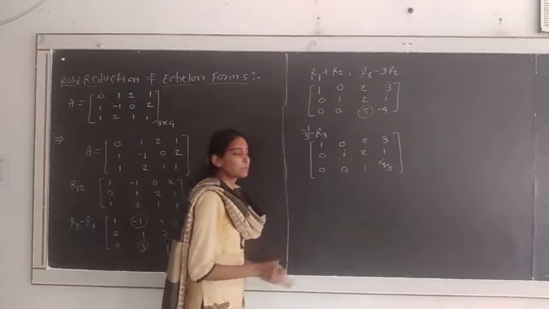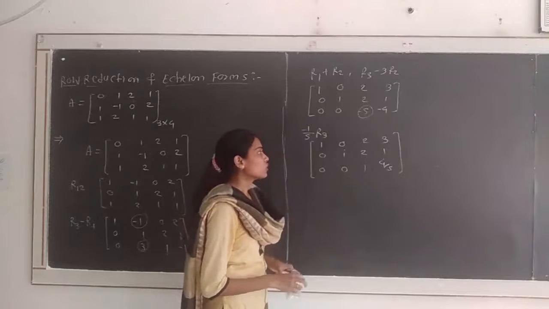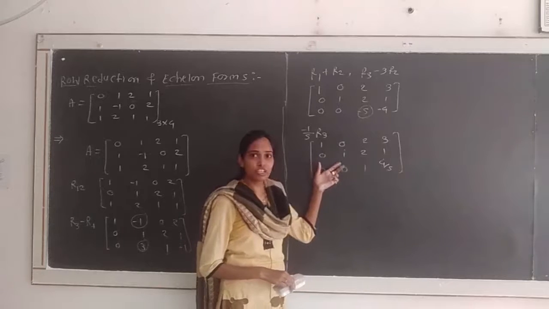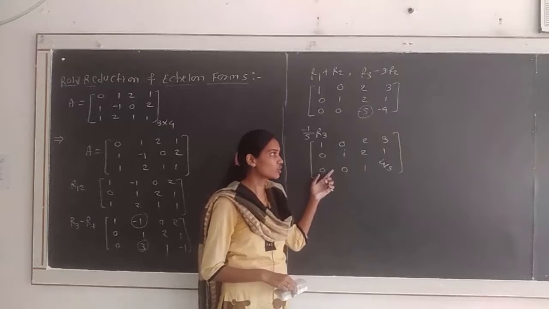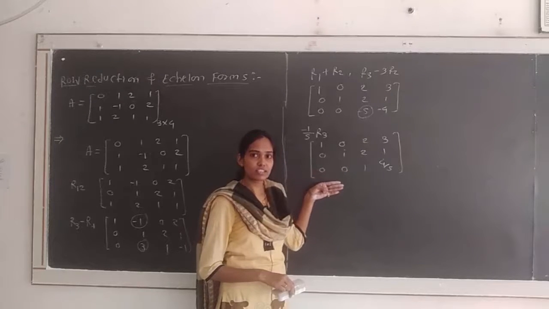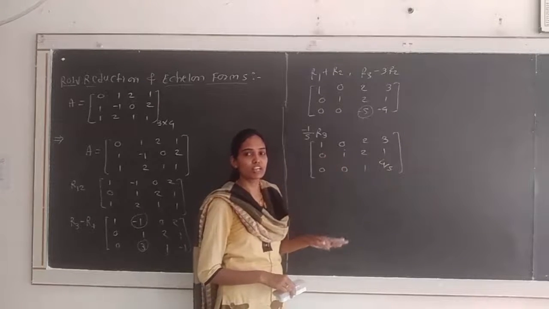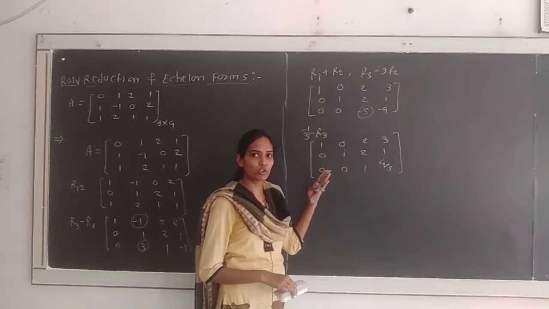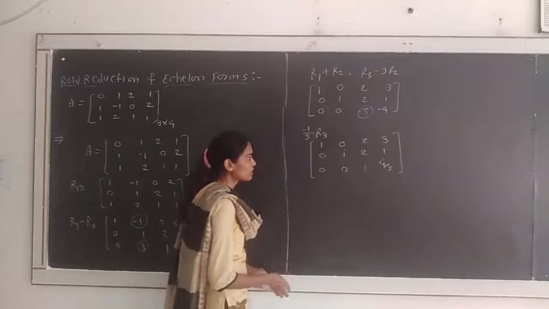So the difference between row echelon form and reduced row echelon form is that in row echelon form we only make the entries below the leading entry 0, and in reduced row echelon form we make both the entries below and above the leading entry 0.